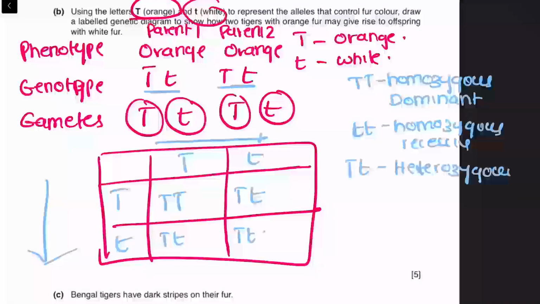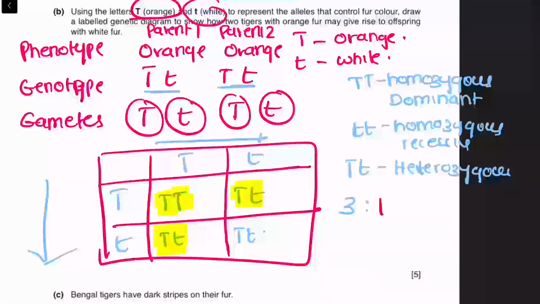Now, what do you see here? You have 3 individuals. The individuals that will have orange fur, I'll highlight in yellow. This will be orange. This will be orange. This will be orange.